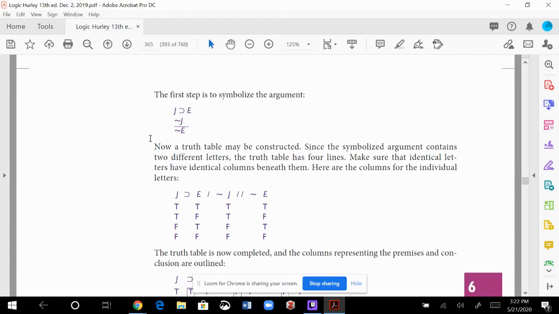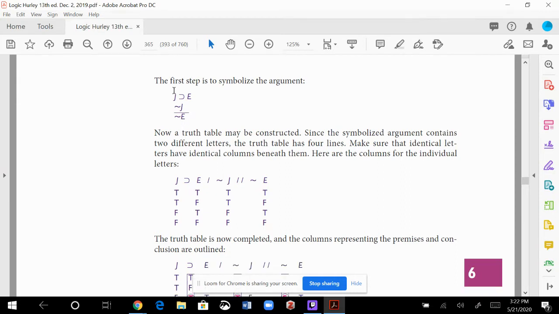And what Hurley was saying above, he was saying, how many premises do we have here? 2, right? 1, 2, and then the conclusion. When we see an argument go down, the line equals a conclusion marker, and that's review of chapter 1. So J horseshoe E, single slash, that just means that's one premise.